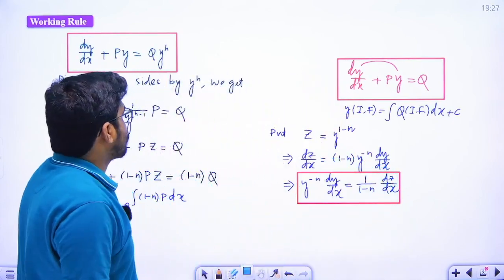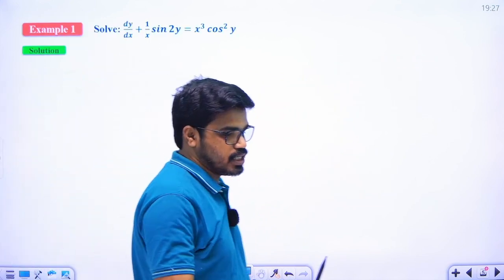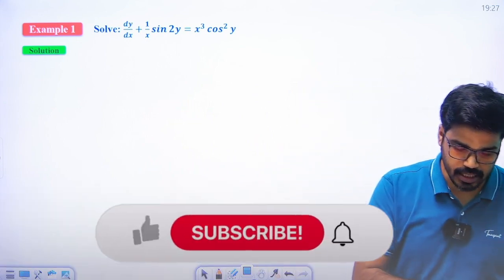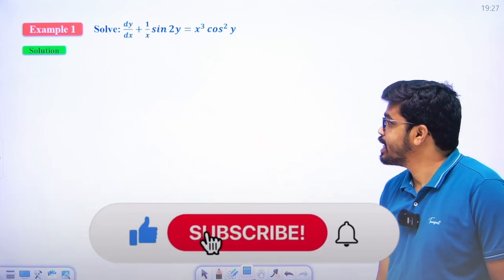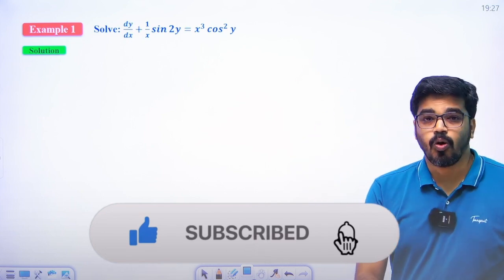Okay. So let us consider an example. Note this problem. Solve dy/dx plus 1 by x sine 2y is equal to x cube cos square y.